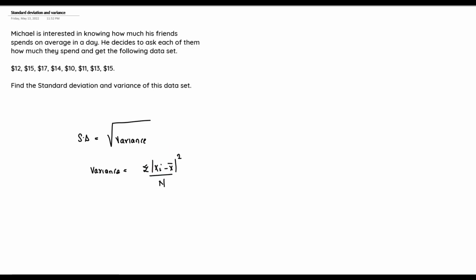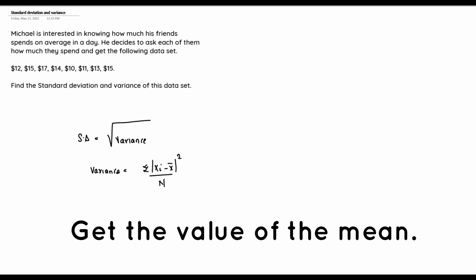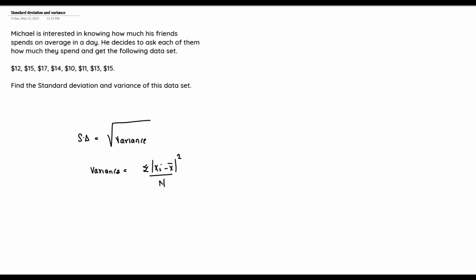So the first step in getting our variance is for us to get the value of the mean, and we've actually done this when we were using the same data to get the value of the mean absolute deviation.